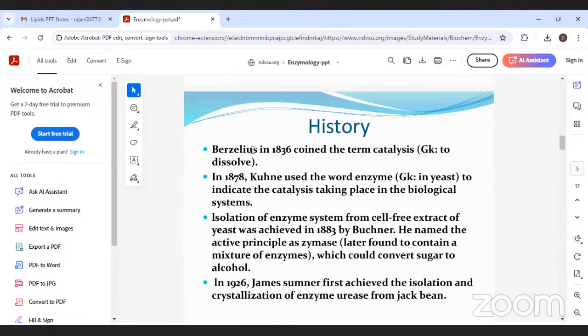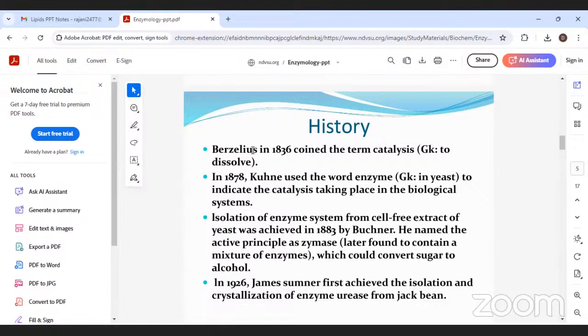This is also a Greek word, meaning in yeast, to indicate the catalysis taking place in the biological system.